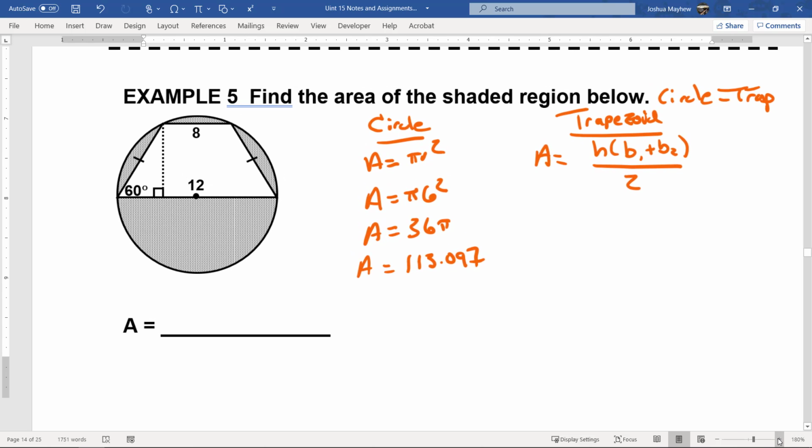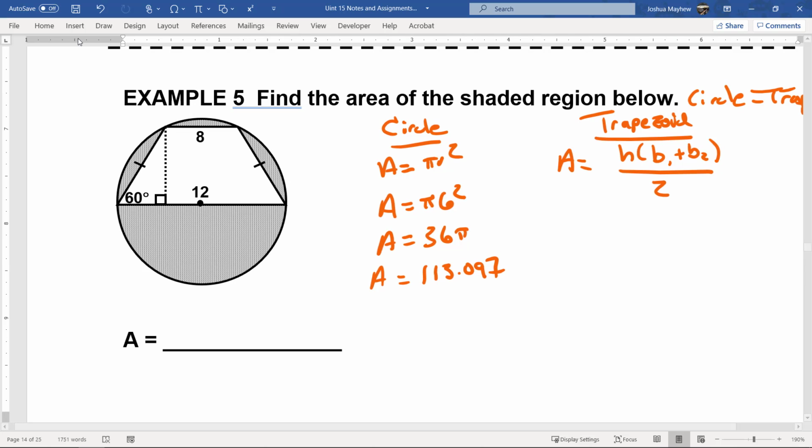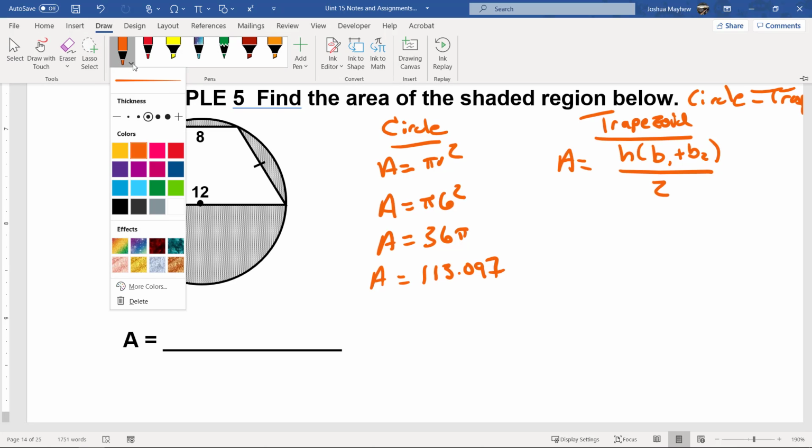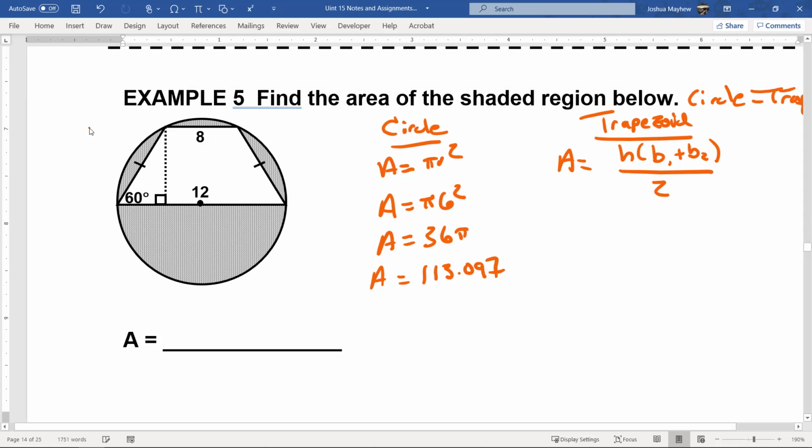I'm going to zoom in a bit so I can figure out what this height is. Okay. Well, a little bit tricky, but I bet we can do this. So I'm going to split this base into some equal parts. So if that's 8, then I've got 4 left over, so that would be 2, and this piece right here would be 2.